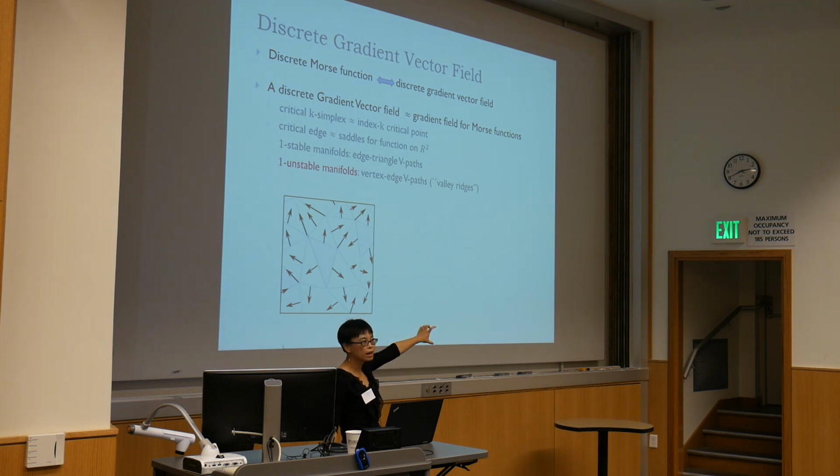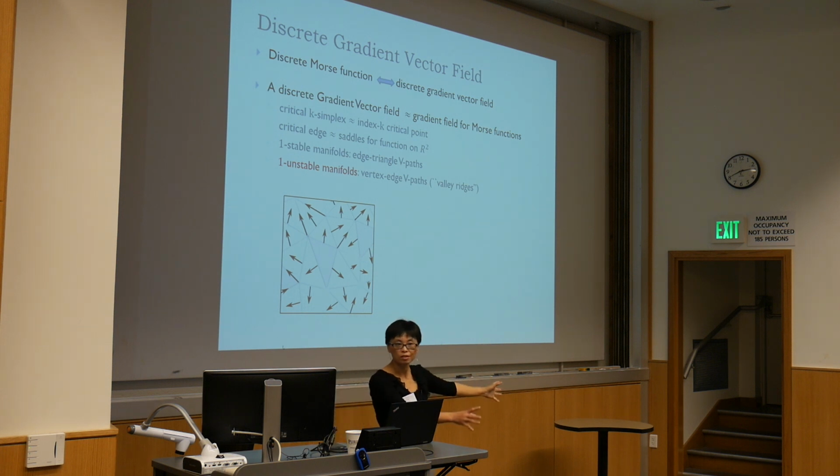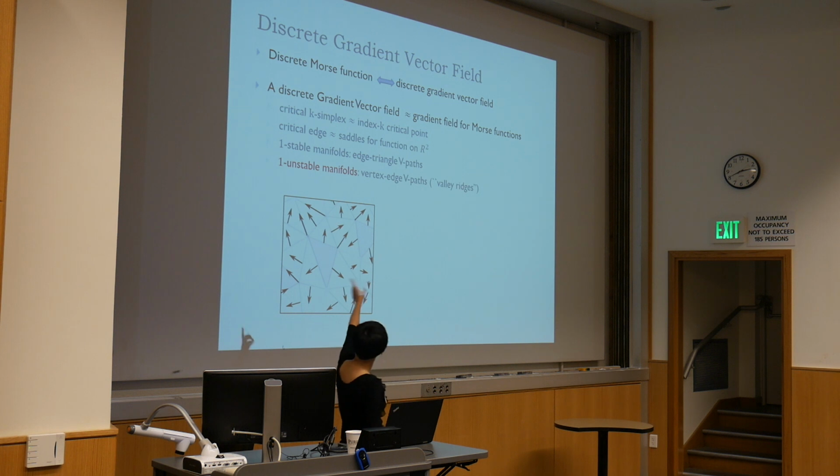This also means that later, when I need to compute it, I only need the subcomplex of your input domain of dimension up to 2. In other words, your domain can be d-dimensional, but I only need the vertices, edges, and triangles, because I'm only looking for this one-unstable manifold, which is a vertex-edge path.